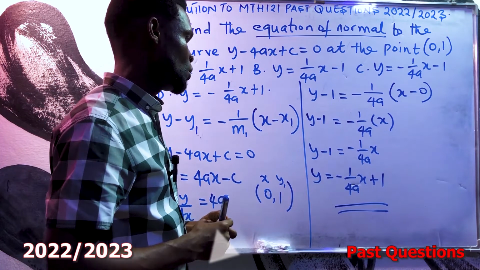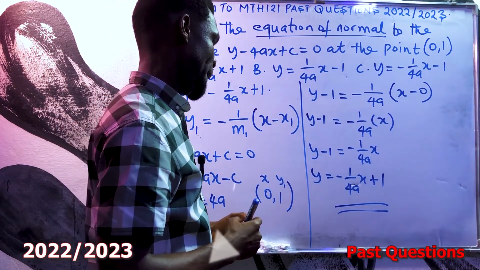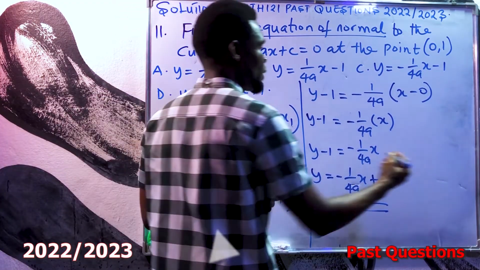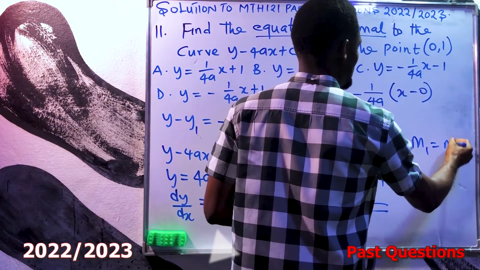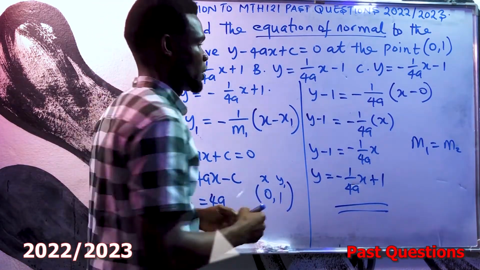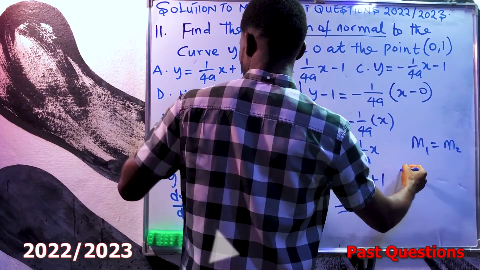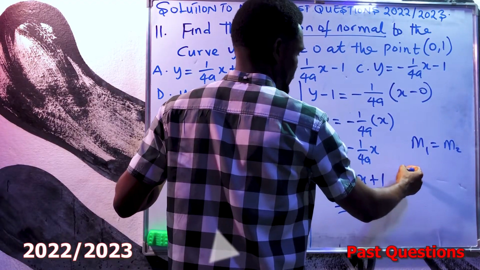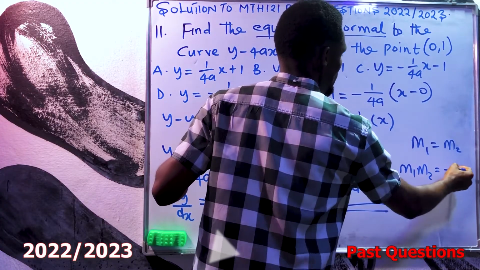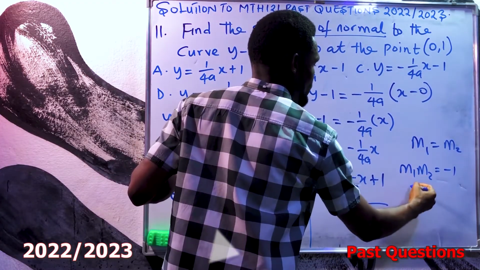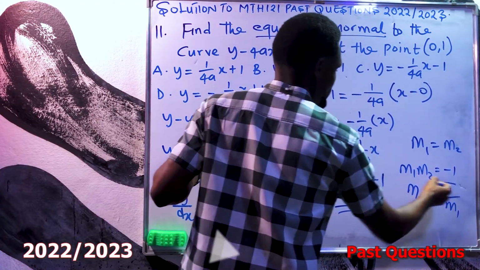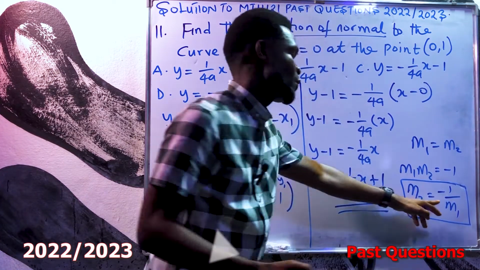And of course it's true because for tangency, m1 is always equal to m2. And for the equation of normal, it's important to note that m1 times m2 is always equal to minus 1. So if I'm looking for m2, that means m2 will be minus 1 over m1, which is the gradient of normal.